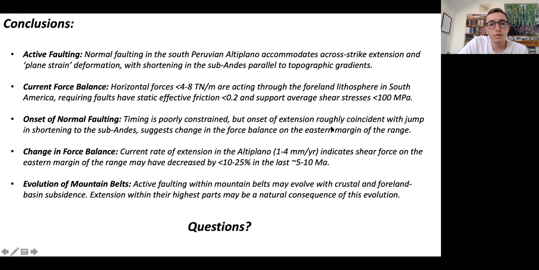I presume that's referring to the change in the orientation of the normal faulting, the direction of extension of the normal faulting. I think I explained why we think that changes its orientation, and that's because the curvature of the mountain range means that the essentially horizontal gradients in pressure within the lithosphere will vary along strike, and the extension should be parallel to the gradients in topography along the margin.